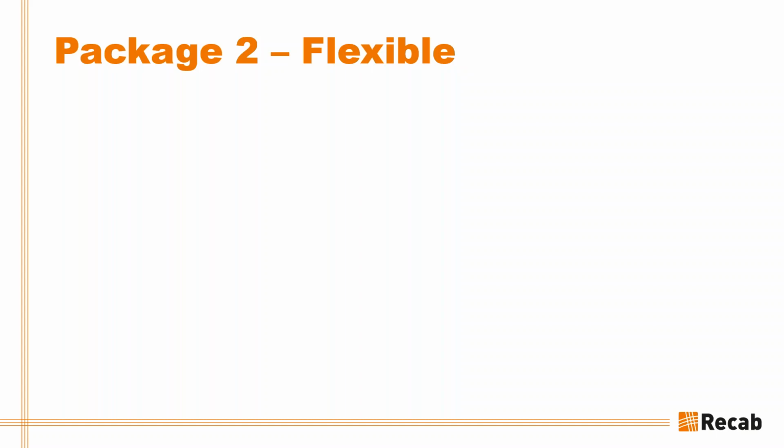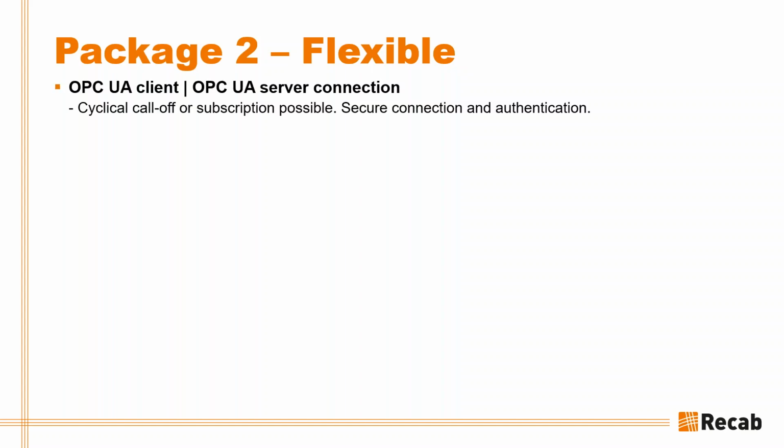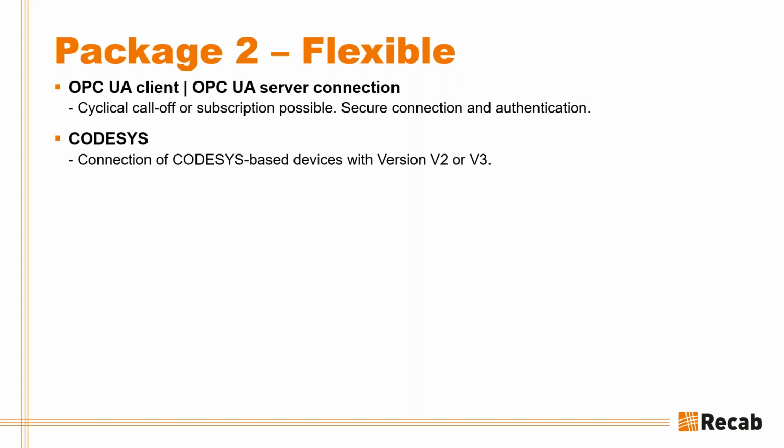If you need a little more functionality, you can go with package 2. Then you will get all the things in package 1, and you will also get OPC UA client/server connection, and connection to Codesys-based devices.